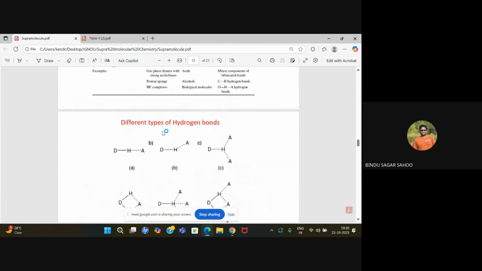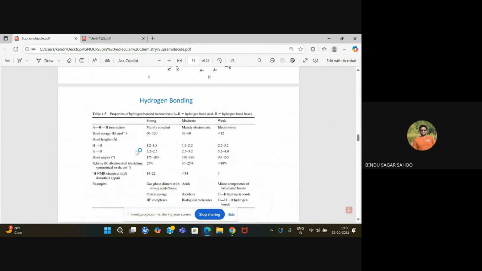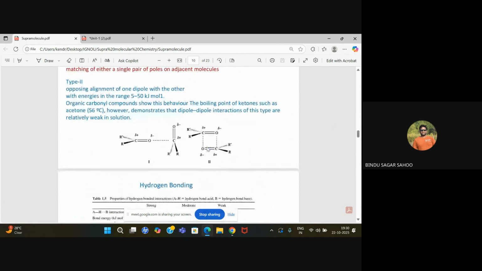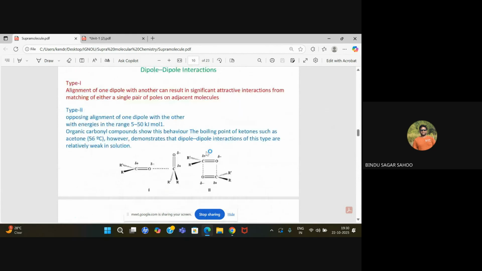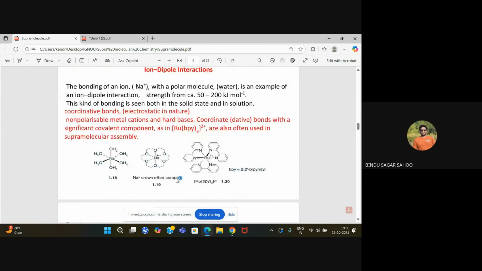these are the different types of hydrogen interactions. These are the overall hydrogen bonding interactions and their energy. These are two different types of dipole-dipole interaction: this is parallel alignment, and this is opposing or anti-parallel alignment. This is ion-dipole interaction. Here the ion is sodium plus and the dipole is a water molecule.